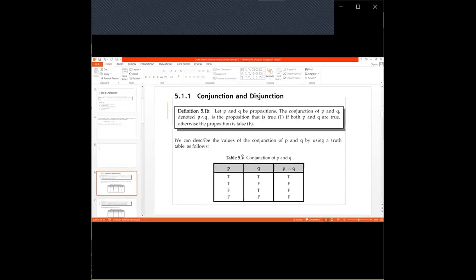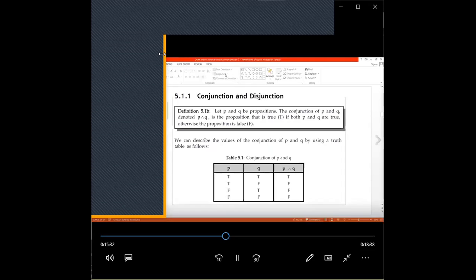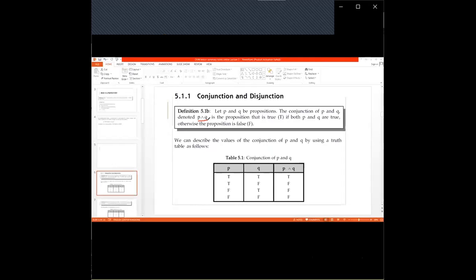Now, what do we mean by conjunction? Conjunction is "and". The conjunction of two statements P and Q is "and", and it's written like that, like the caret. Now, when we talk about "and", it implies that both statements have to be true for the resulting combined statement to also be true.